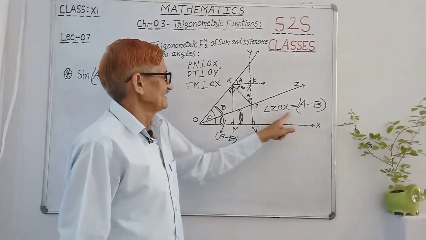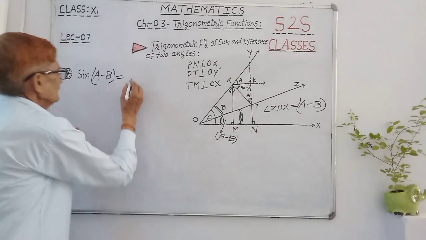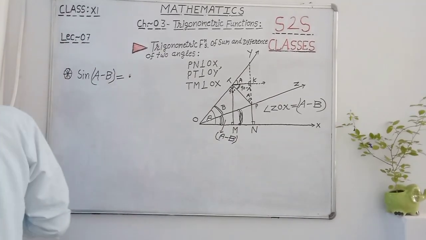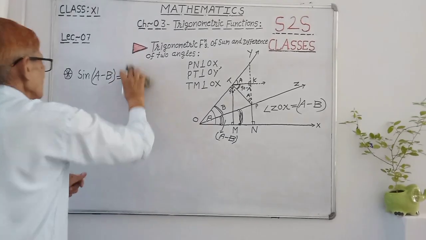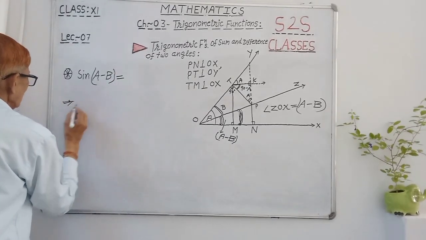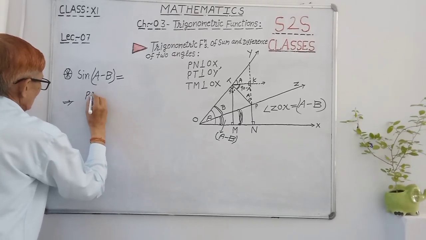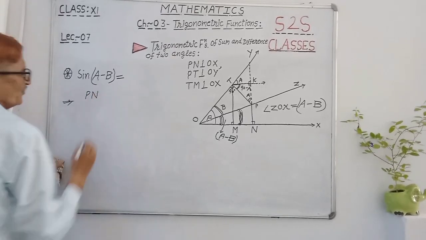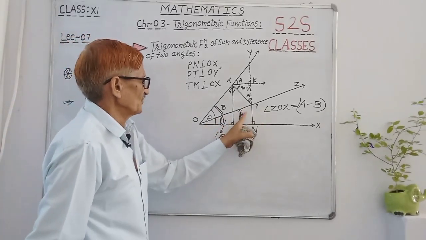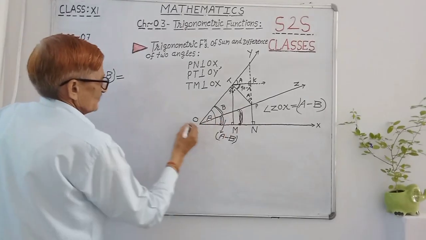This angle is A minus B, so the opposite side is PN and the hypotenuse is OP.